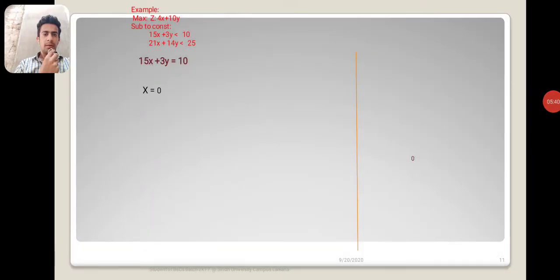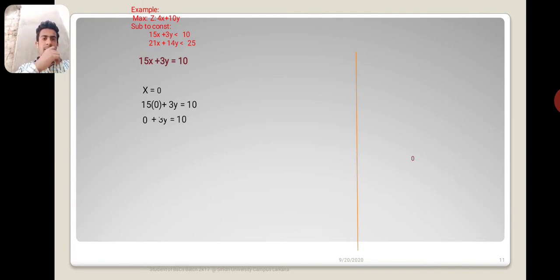X is equal to 0. Hence 15(0) plus 3y is equal to 10. 3y is equal to 10.